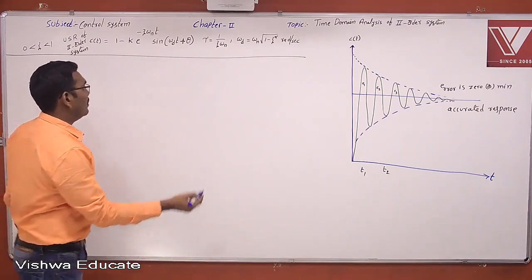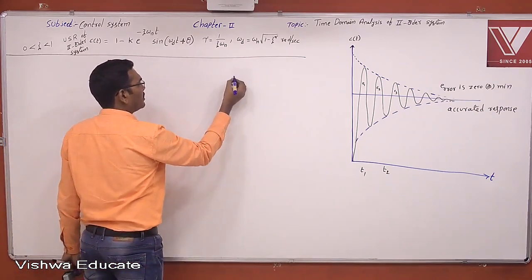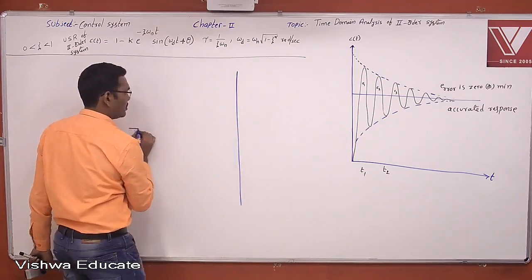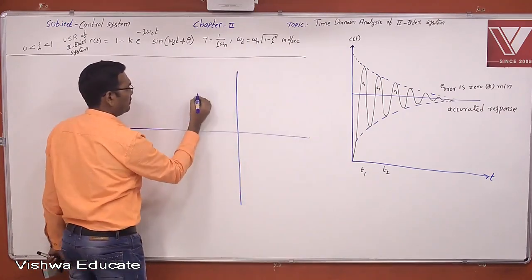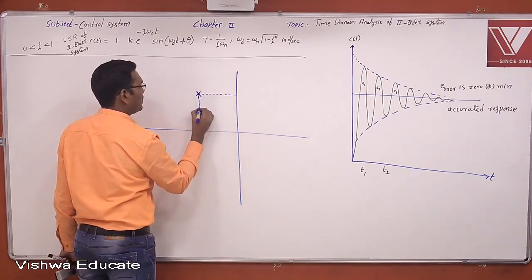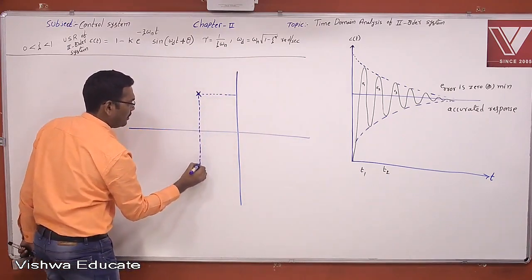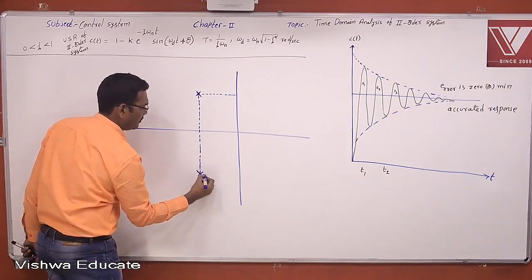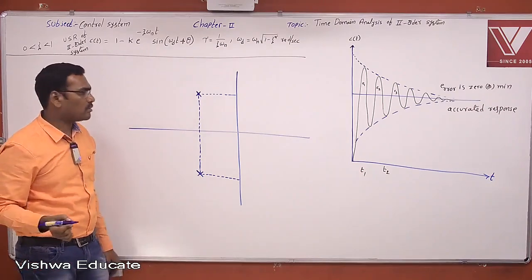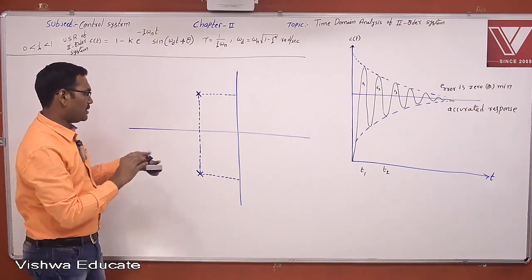Now see here. Now you know the poles location in the underdamped response? What is the poles location? These are the poles which are complex conjugate. The underdamped response poles are complex conjugate and lie on the left hand side of the S plane.